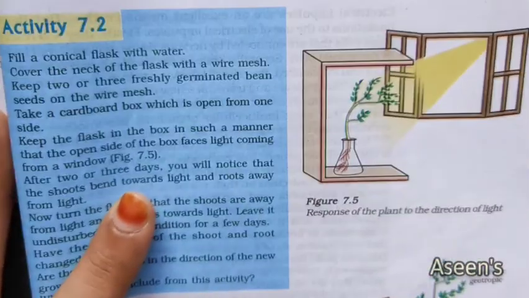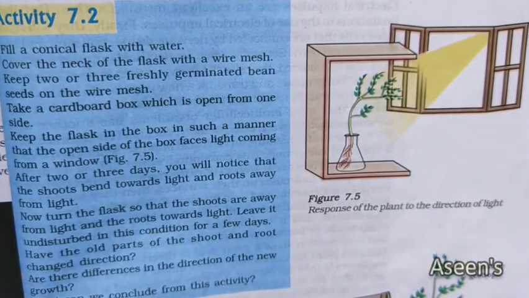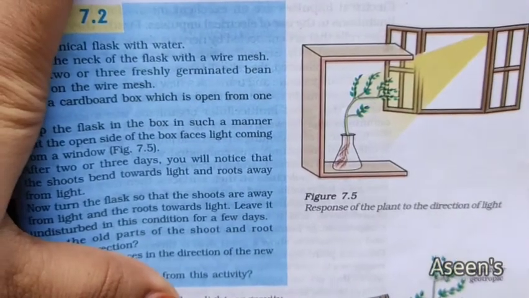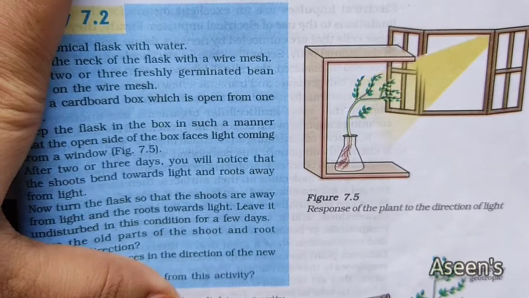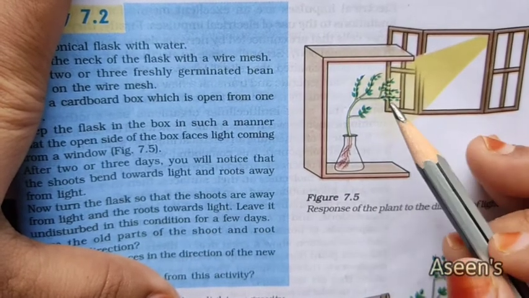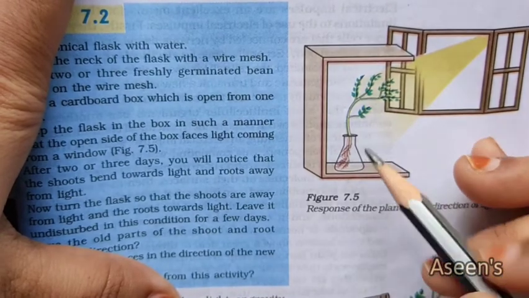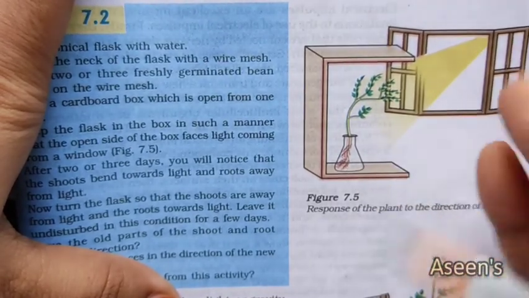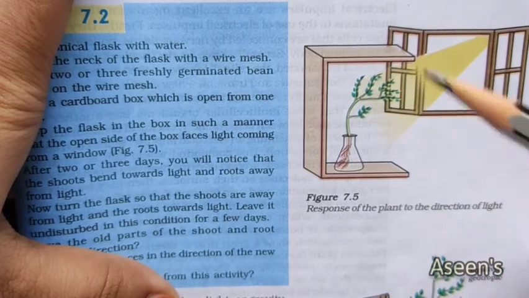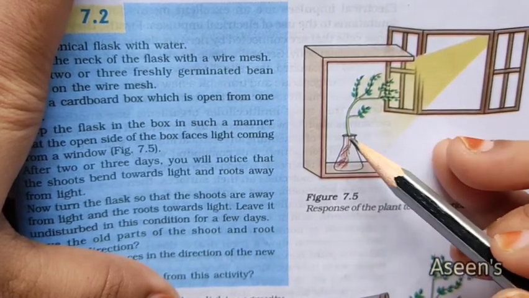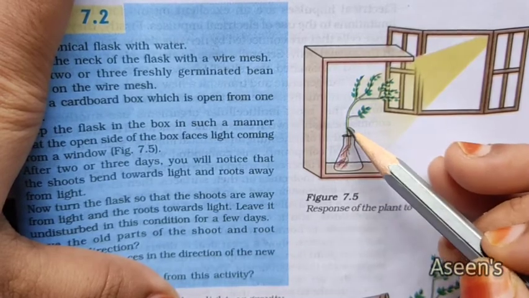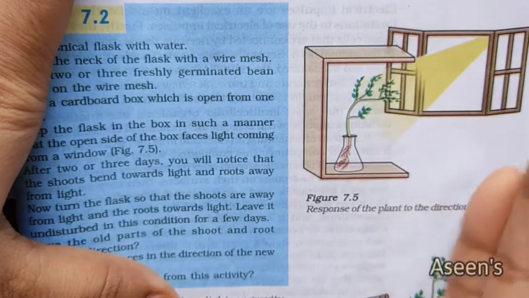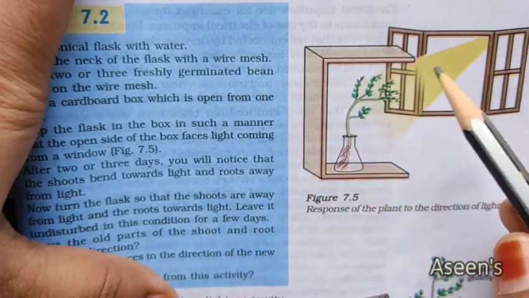So normally we have observed the positive side of phototropism. If you select a plant which has too much affinity towards sunlight, for example a sunflower or any such kind of plant, or any normal plant which might be growing in your garden, and you take a stem, keep it planted in a vase, and keep it near your window, what you're going to observe is that with time the branches or the stem is going to lean towards the direction of sunlight.